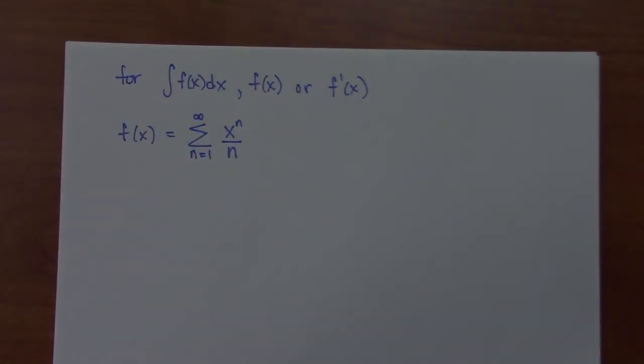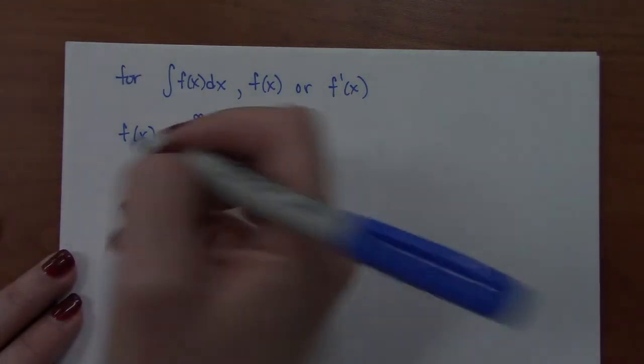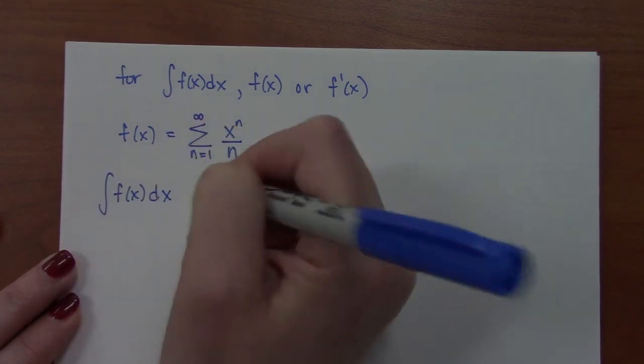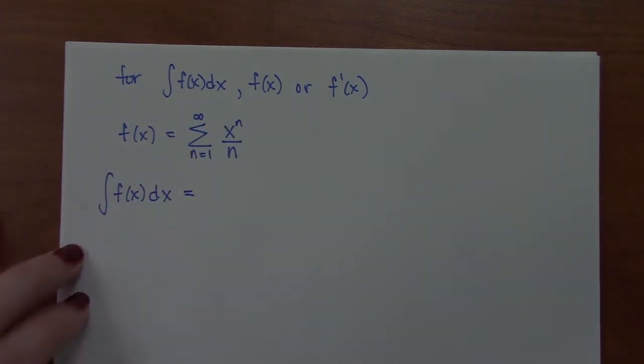So for the integral, let's look at the integral first. Since this is a power series, we can integrate each term using the power rule. So we can actually integrate it in the form of the series itself. x is the variable we're integrating with respect to.